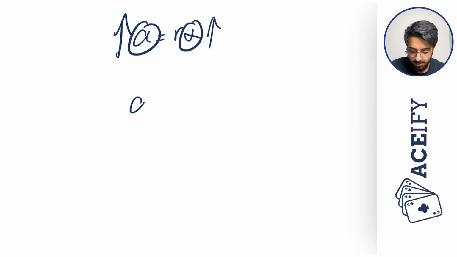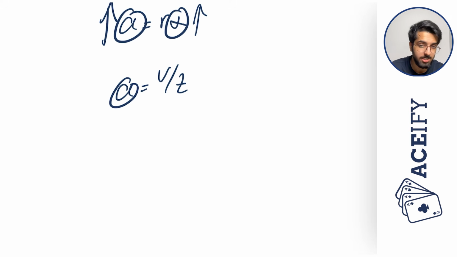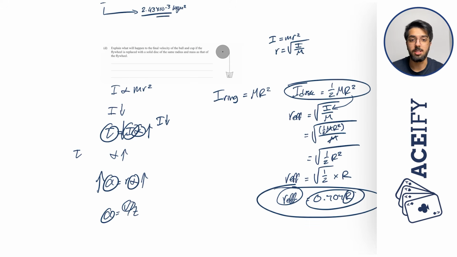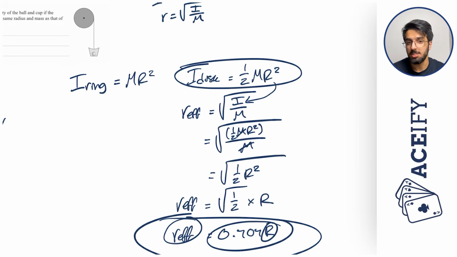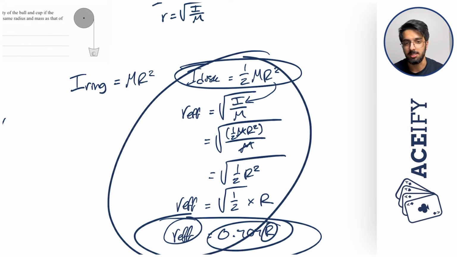And because acceleration is velocity over time, if our linear acceleration increases, therefore our velocity must increase. And so you can explain that in words. Again, you don't need to explain this in your answer. You can just say that the effective radius has decreased and you'll still get the mark because you're not expected to know this knowledge in level 3.